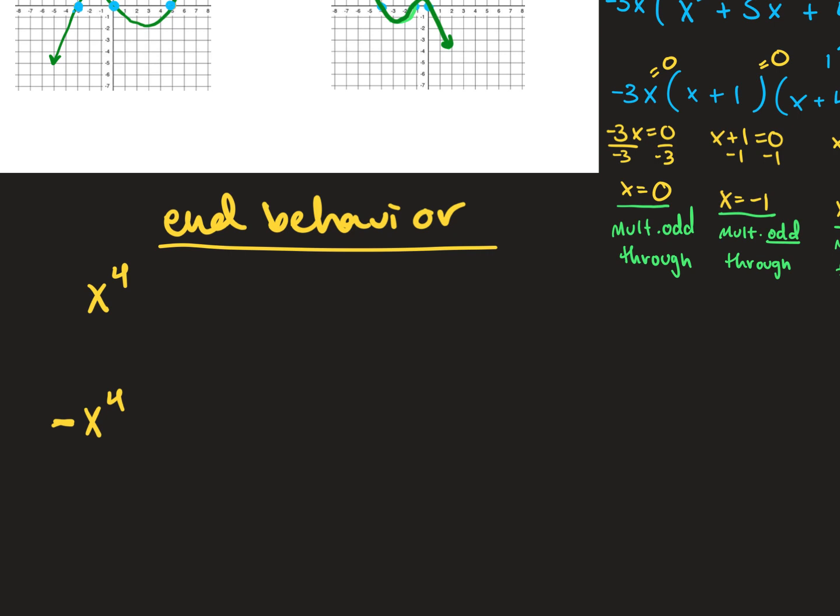Even exponent and positive, that means they're going to go in the same direction, so our arrows both go up. Negative and even exponent, they go in the same direction again, but because it's negative, they're both going to go down.